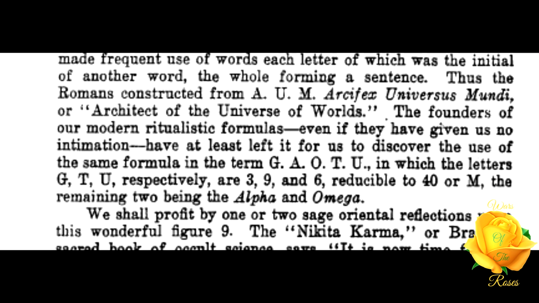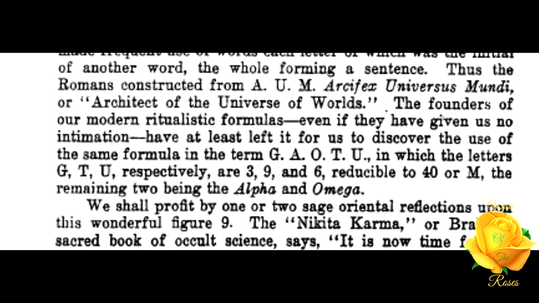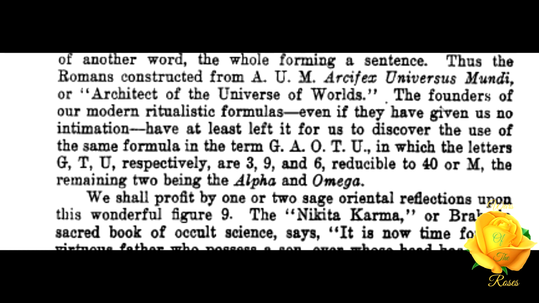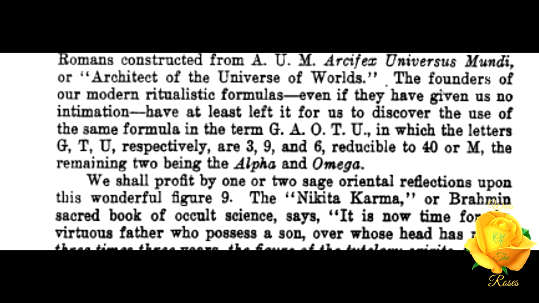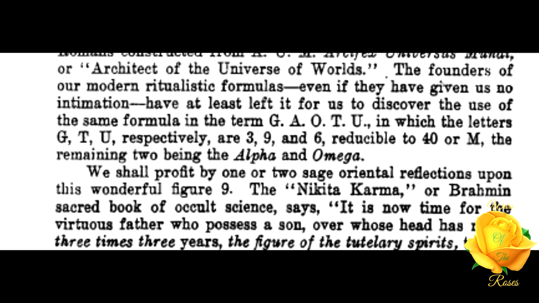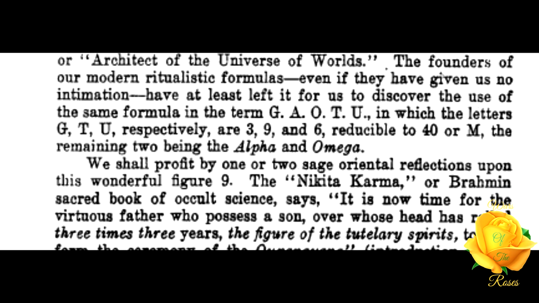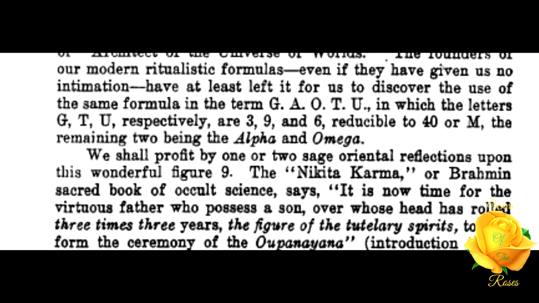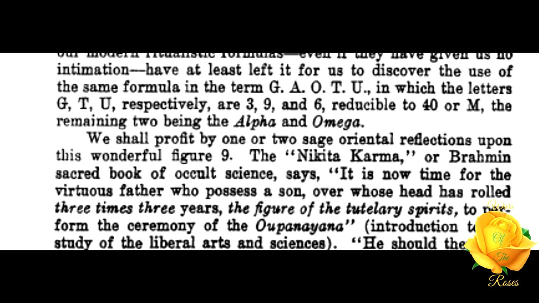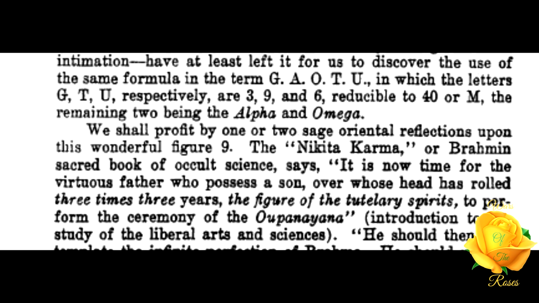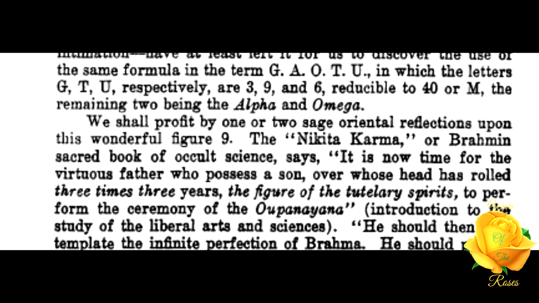The founders of our modern ritualistic formulas, even if they have given us no intimation, have at least left it for us to discover the use of the same formula in the term GAOTU, in which the letters GTU respectively are 3, 9, and 6, reducible to 40 or M, the remaining 2 being the Alpha and Omega.